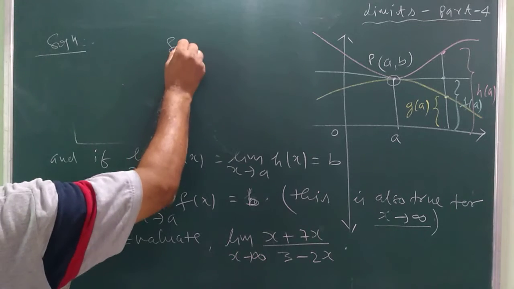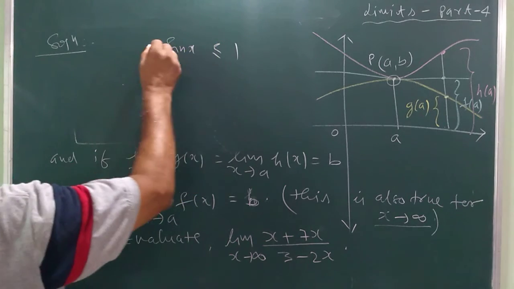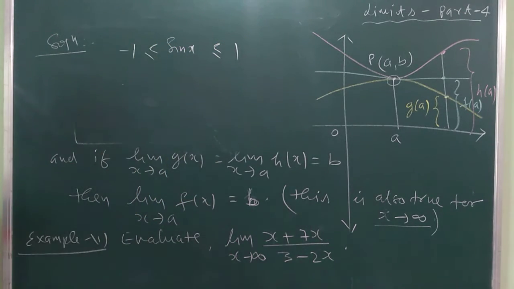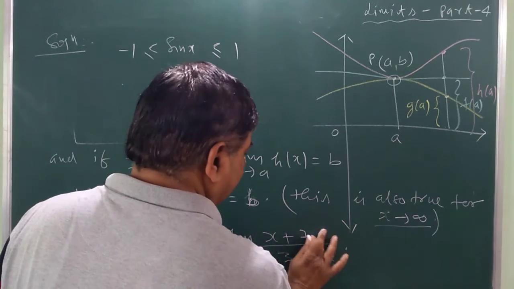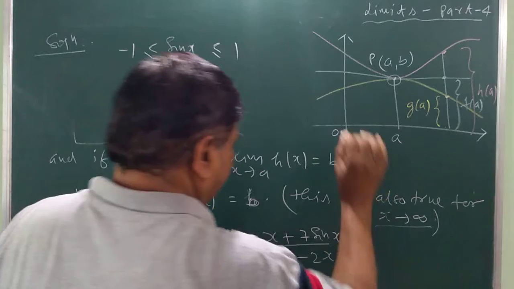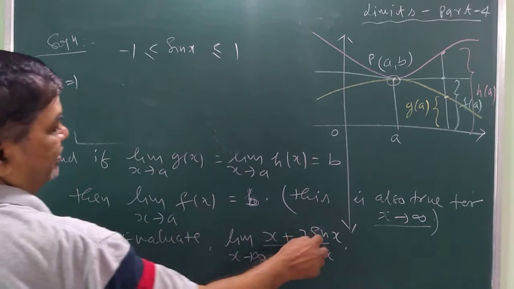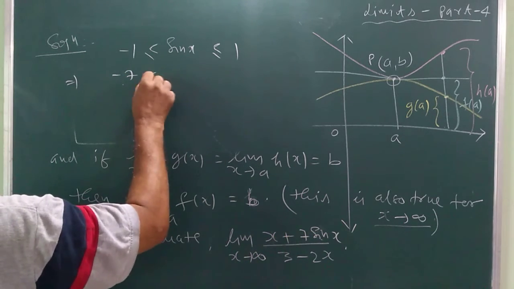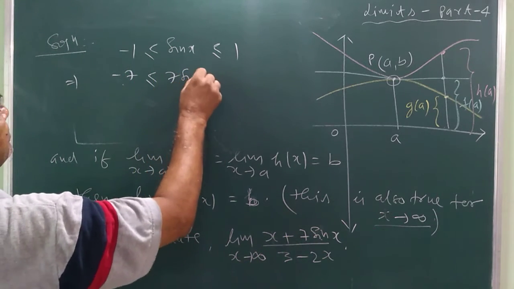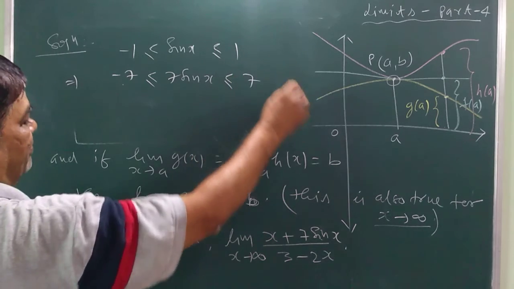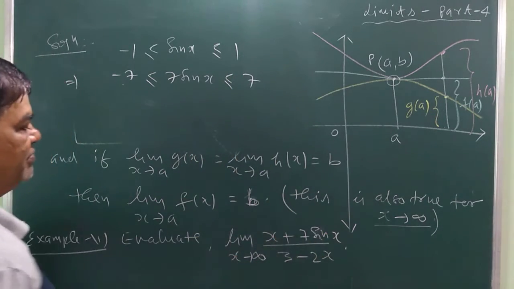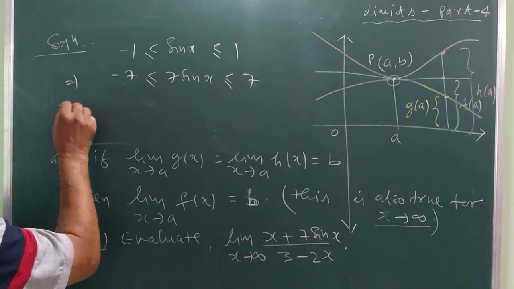We know that sin x is lying between -1 and 1. So write down here sin x. Therefore, 7 sin x lies between -7 and 7, since sin x is multiplied by 7.